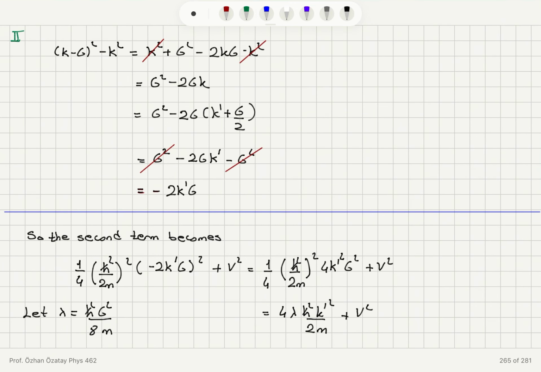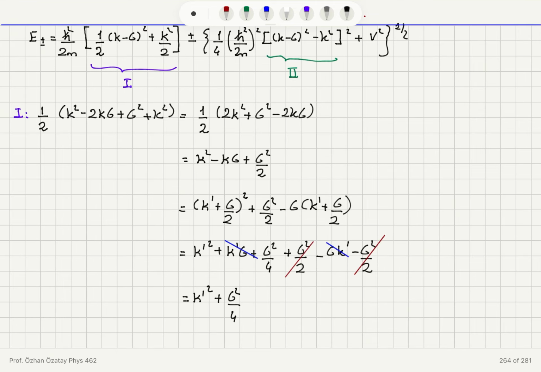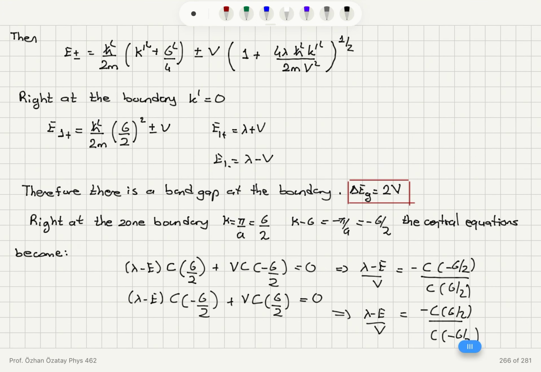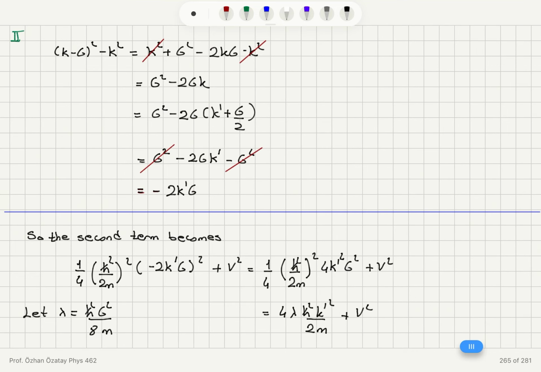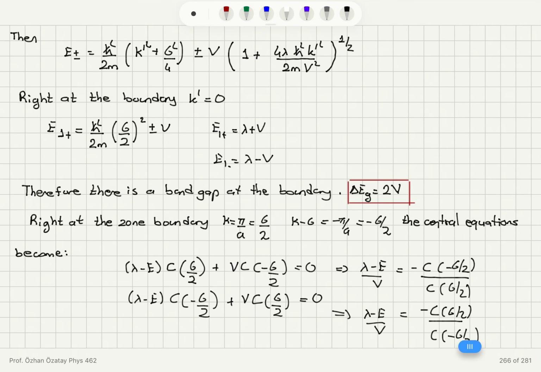plus v square. So there are two h bar squares here. If I define lambda to be h bar square g square over 8m, I can see that this is going to be 4 lambda h bar square k prime square over 2m plus v square. So basically, the second term has now become this quantity in square root.